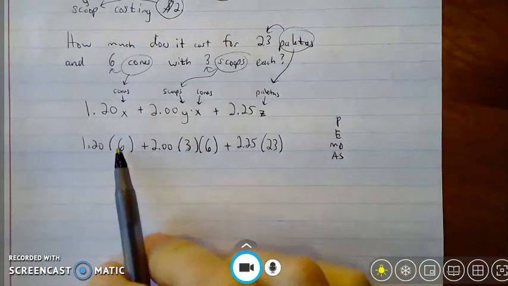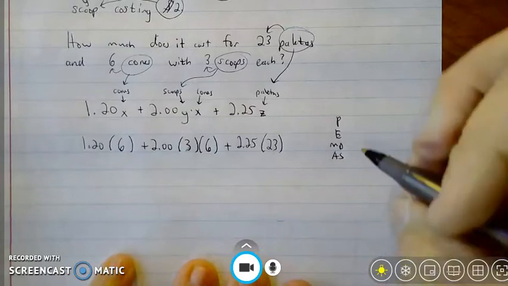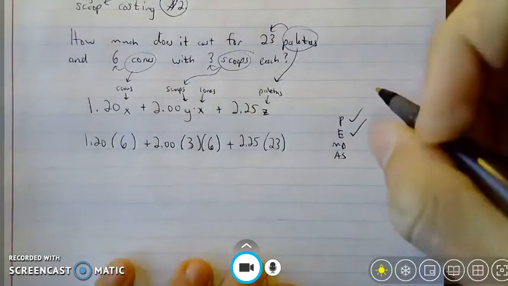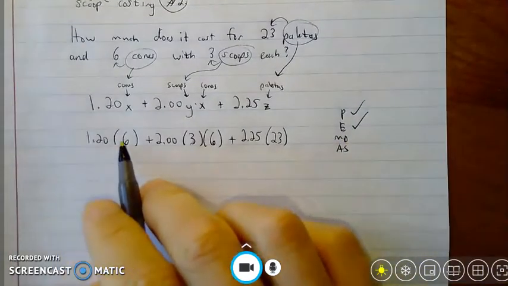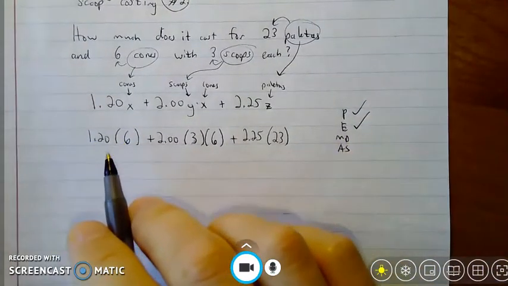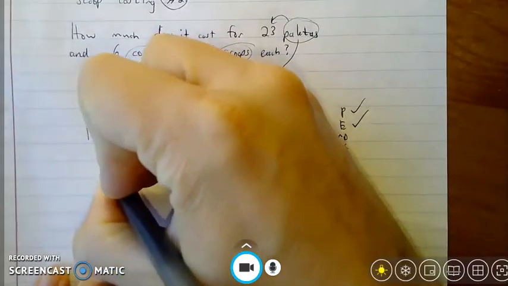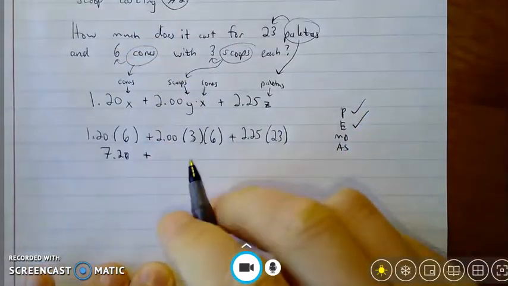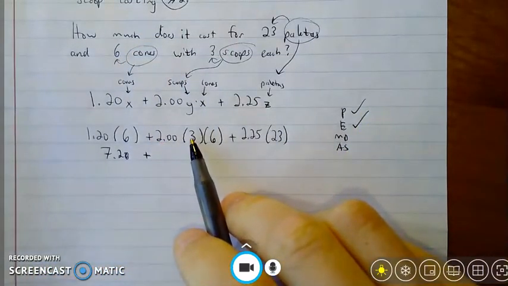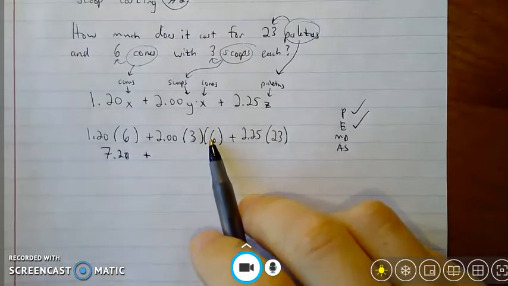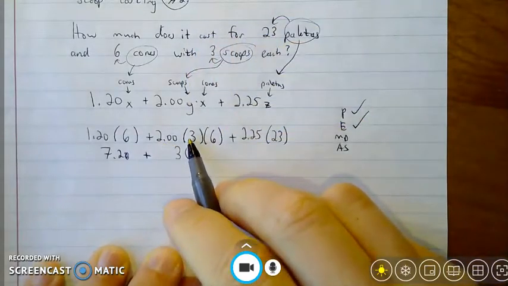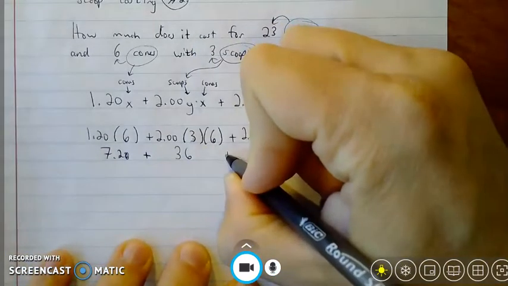Parentheses, there's nothing inside any of these parentheses that I can do, so I don't need to worry about that. Exponents, I don't have any, but I do have multiplication and division. Let's go left to right. So $1.20 times 6, that gives me $7.20. Carry down my plus sign. $2 times 3 gives me 6. Times 6 gives me 36. So 2 times 3 times 6, that gives me that 36.